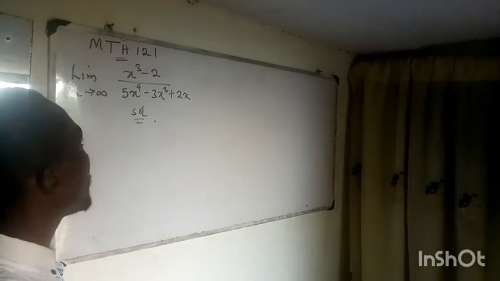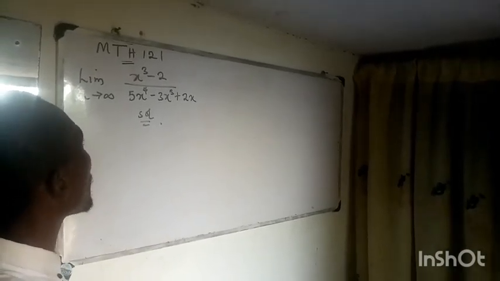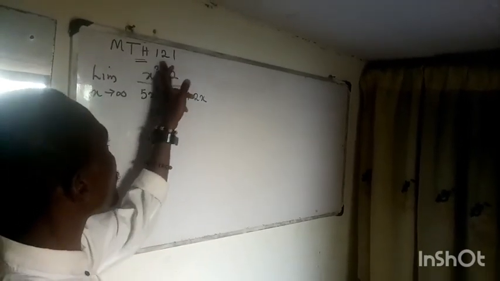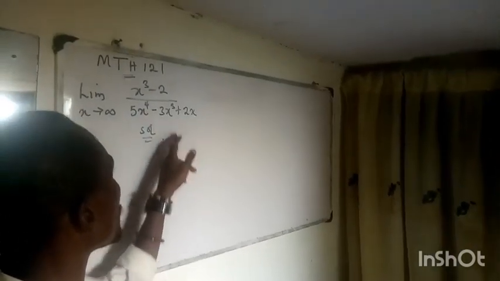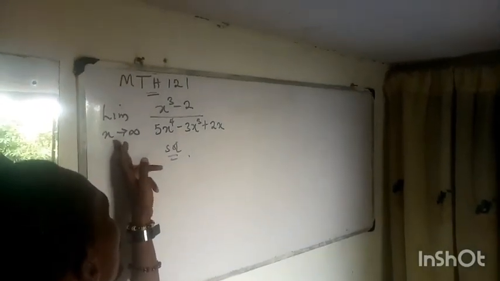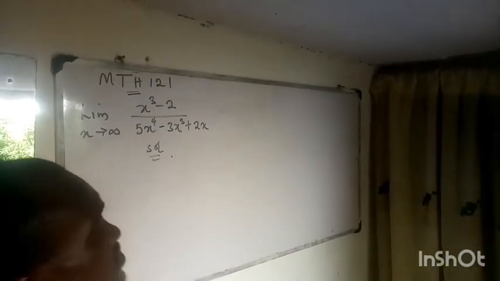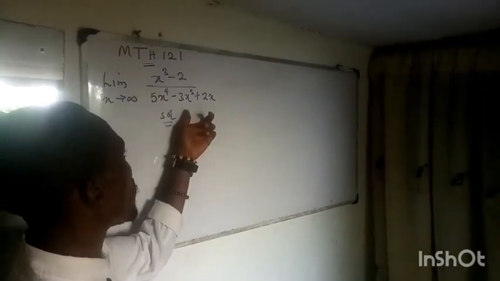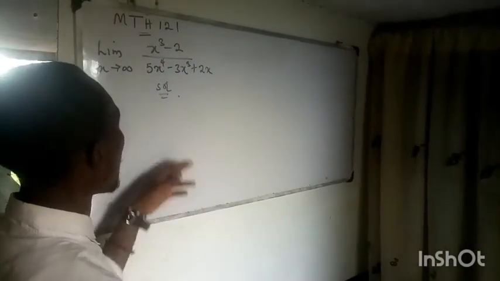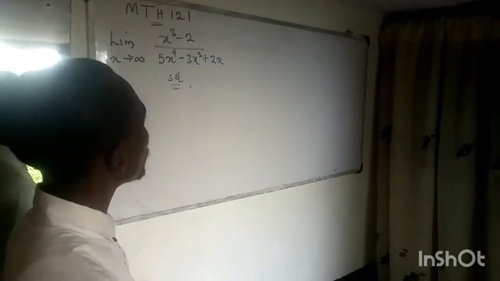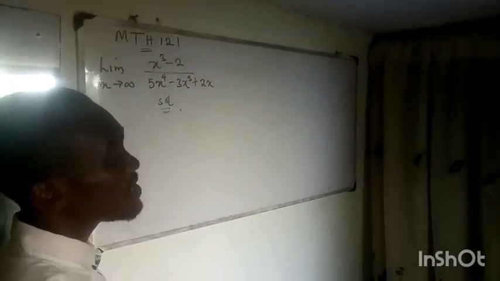So having this particular question, we want to find the limit of this function as x approaches infinity. So we want to know what value the function is going to approach as its argument approaches infinity.